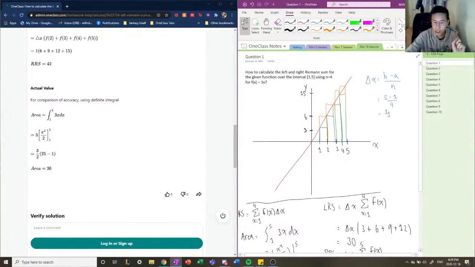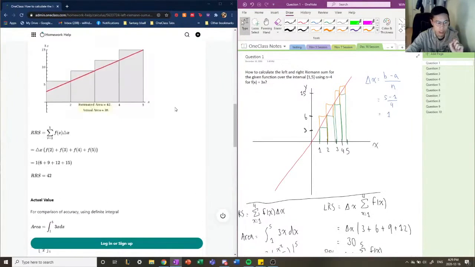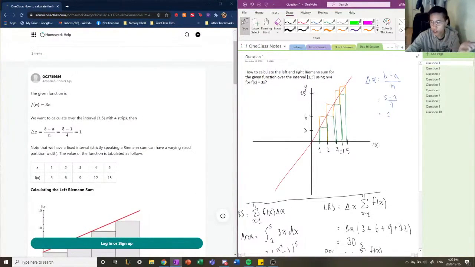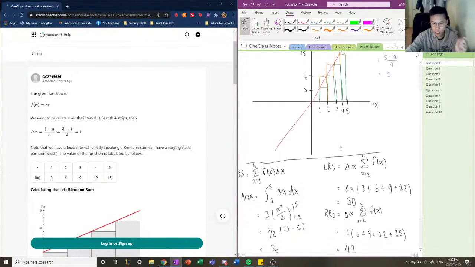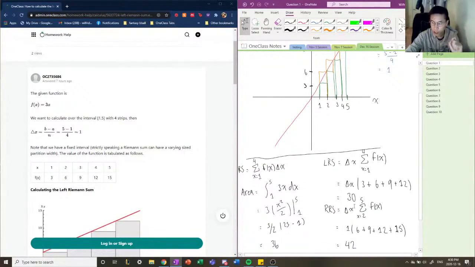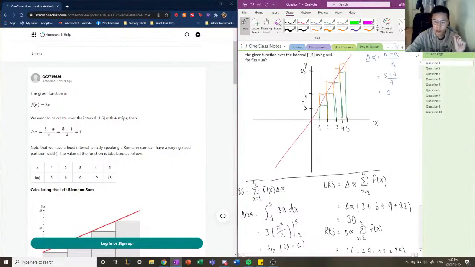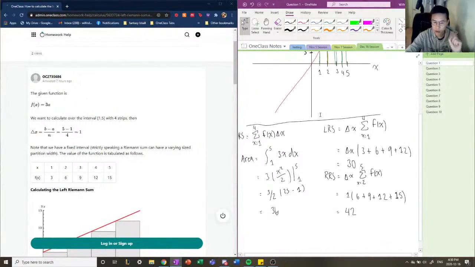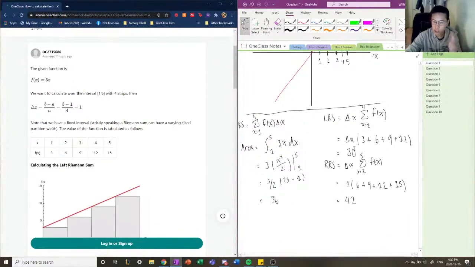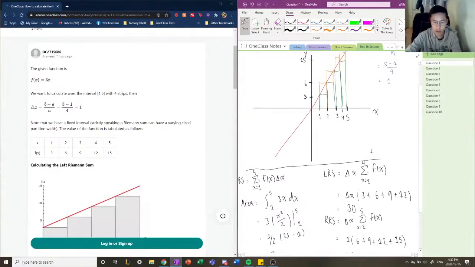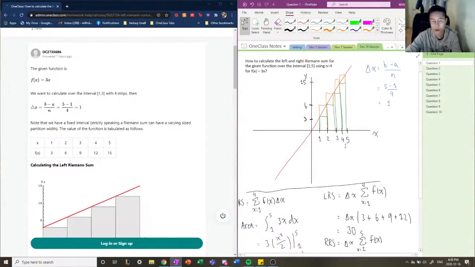If, for example, we wanted 20 rectangles within our interval, our left and right Riemann sum will get closer and closer together, and they'll be heading towards the actual area under the curve. And that's how an integral is calculated. It calculates the sum of very thin rectangles, so numerous rectangles within the interval, and by doing so it can approximate the area under the curve to a very good degree. So that's how an integral works, and it's based off the left and right Riemann sums, which are ways of trying to approximate the area under the curve.